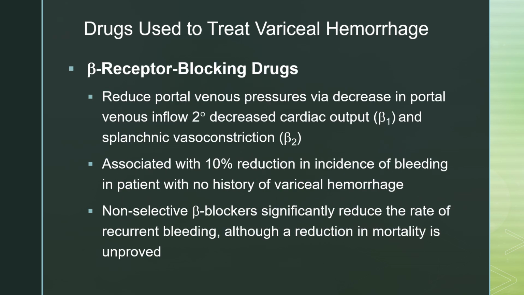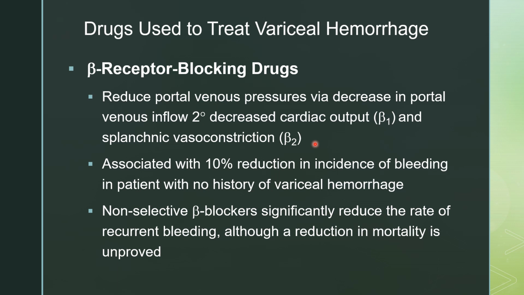Now we discuss the use of your beta receptor blocking drugs. Beta blockers can reduce portal venous pressures by decreasing portal venous inflow, secondary to the decrease of cardiac output, a function of your beta-1 receptor, and splanchnic vasoconstriction, from the blocking of your beta-2 receptor.